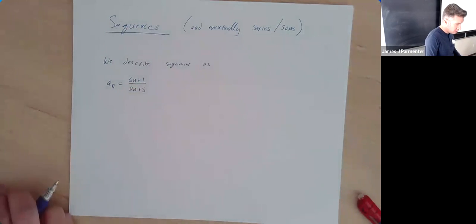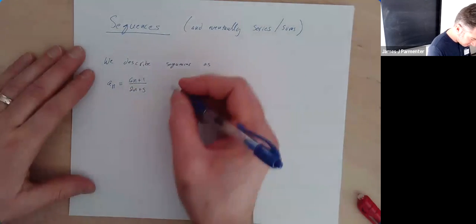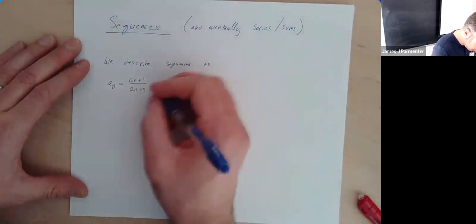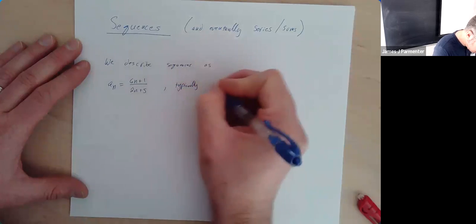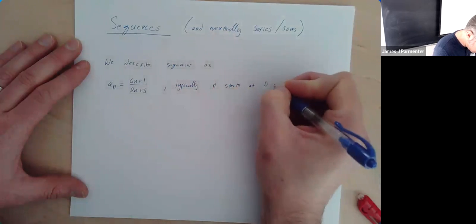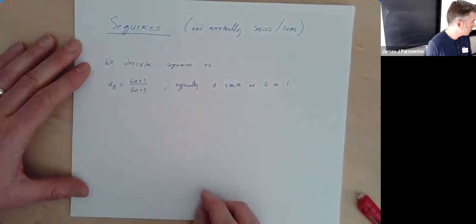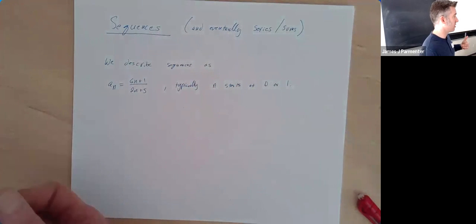Usually, if it's not stated, we assume that n starts at 1, although your teacher might have said 0. So typically n starts at 0 or 1. I like to start at 1 because it's easiest to then use the language of starting at the first term of the sequence.